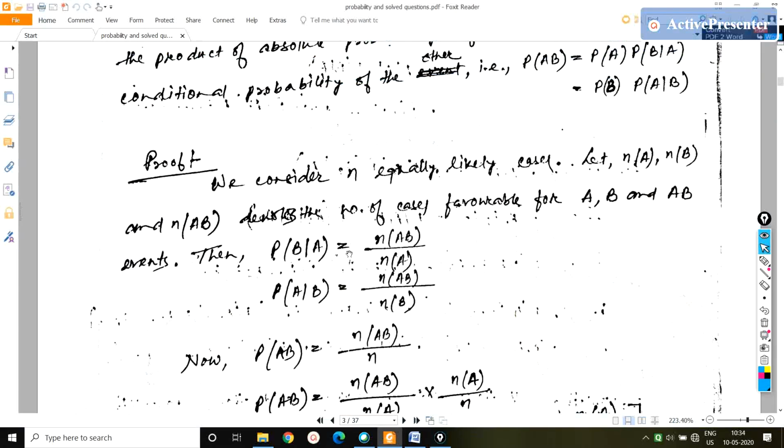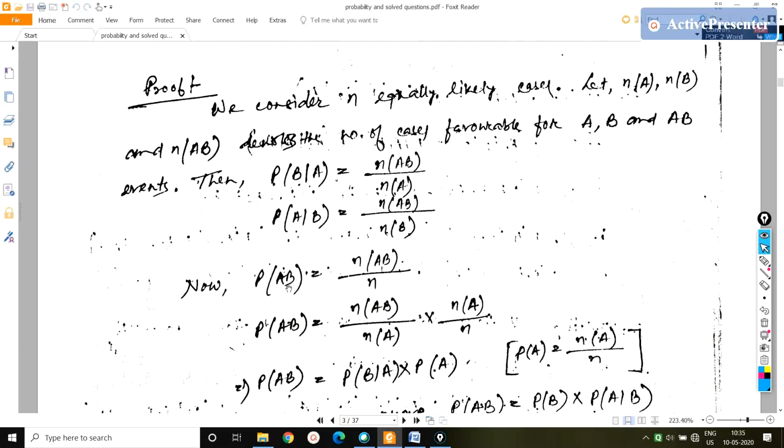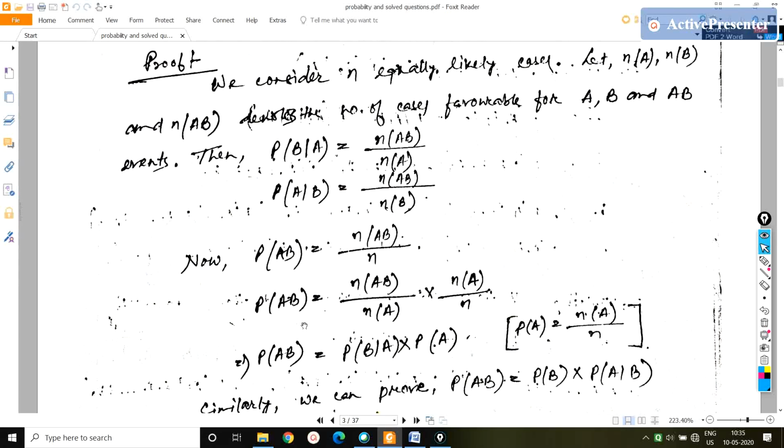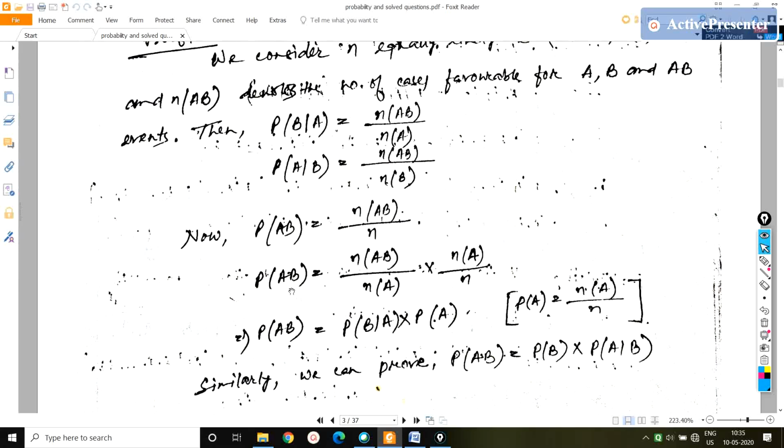So here the probability of A given B is n(AB) by n(B). The probability of B given A is n(AB) by n(A), and the probability of AB is simply the number of cases favorable for AB by n, and hence P(AB) can be rearranged as n(AB) by n(A) times n(A) by n.